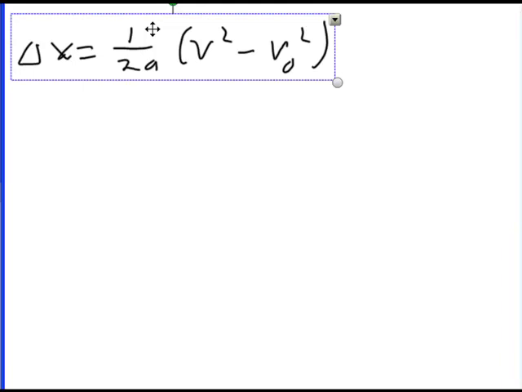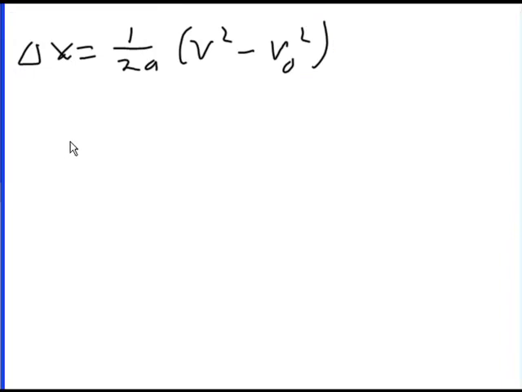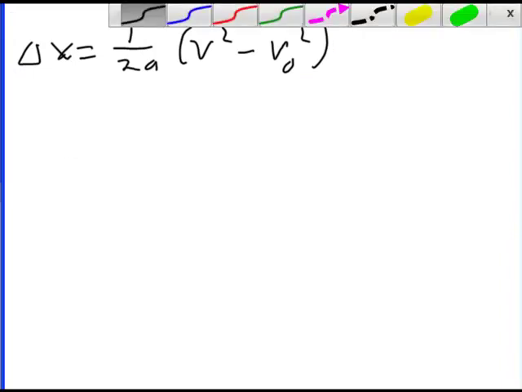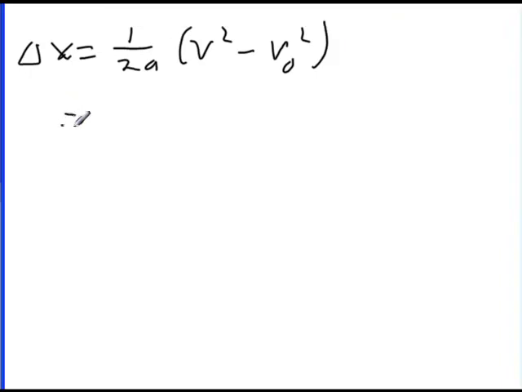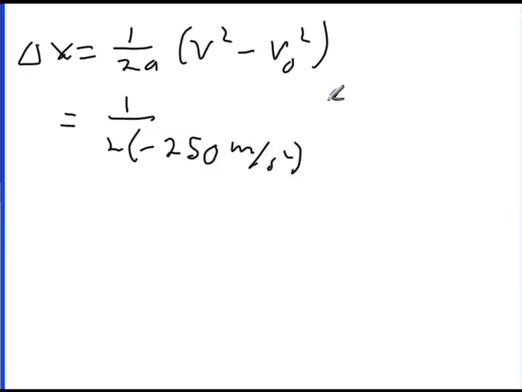Okay, so this is 1 divided by 2 times negative 250 meters per second squared times 0 squared, because that's my final velocity, minus 29.2 meters per second squared.